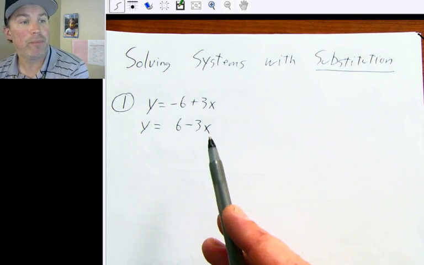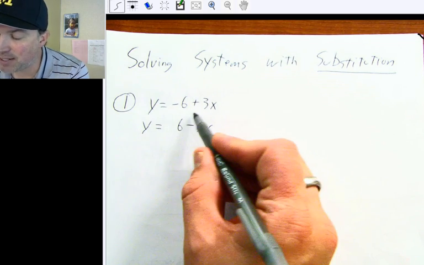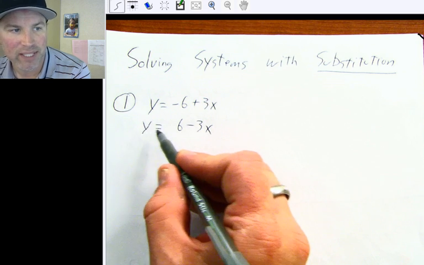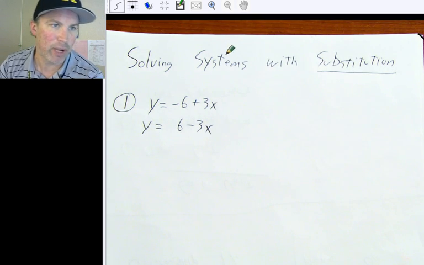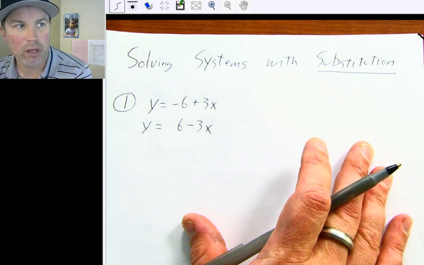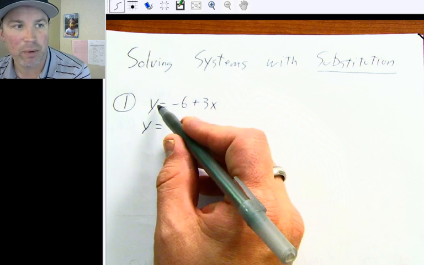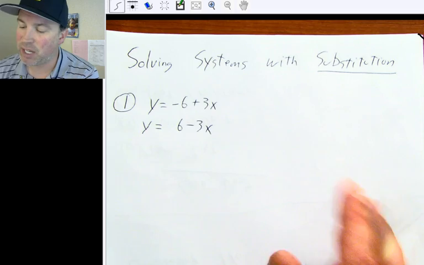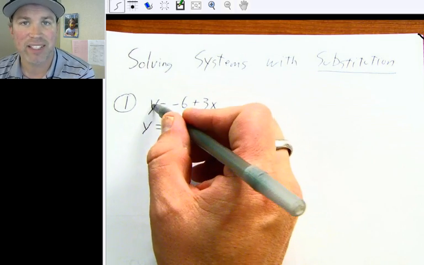First example is y equals negative 6 plus 3x, and y equals 6 minus 3x. In substitution, it's lovely when we have y equals and y equals, because we always ask ourselves, what do we know about y's?